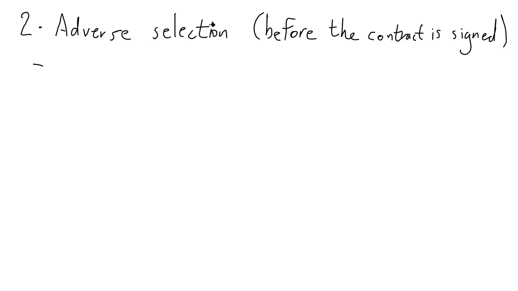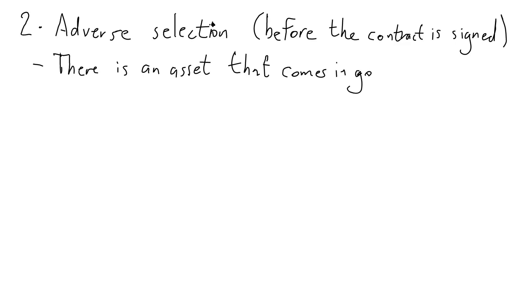So there is an asset, or good, there is a thing that, we could just say broadly, comes in good and bad versions.